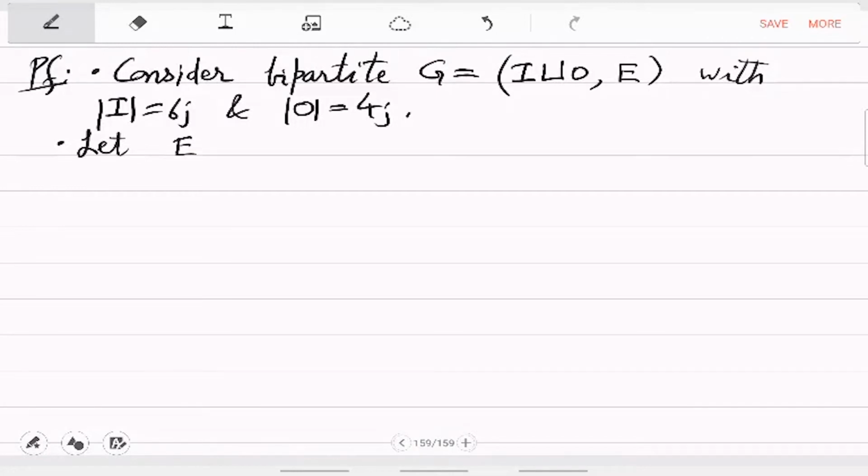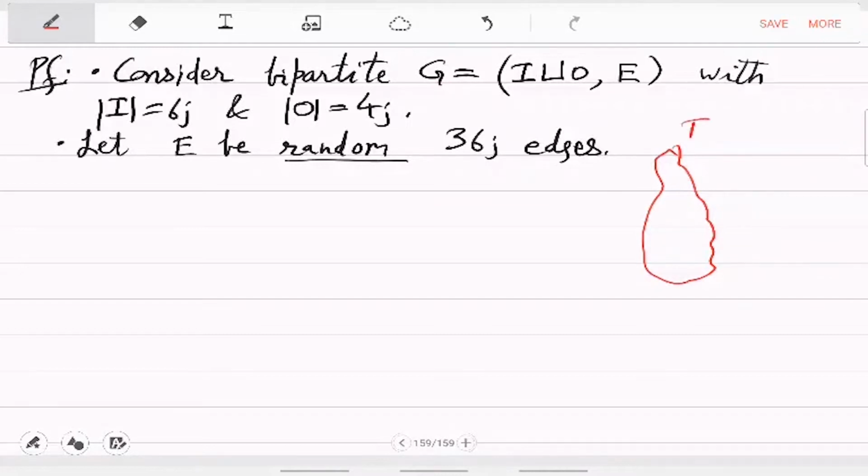Let E be randomly chosen 36j edges. Think of this as a larger I and a smaller O, and the edges only go across.